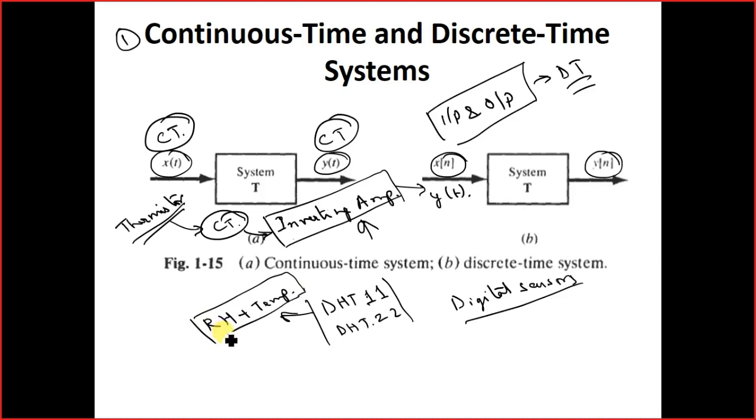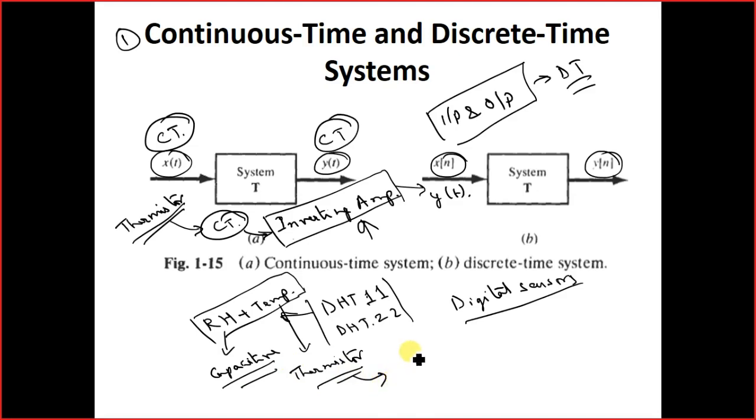However, the relative humidity is measured using a capacitive sensor, and for the temperature we have a thermistor. But you would say that both of these are continuous time sensors.